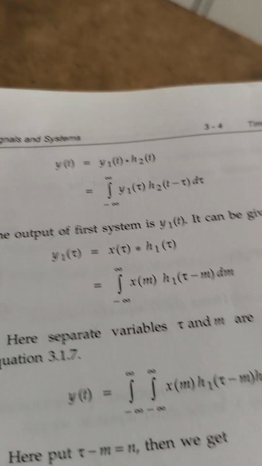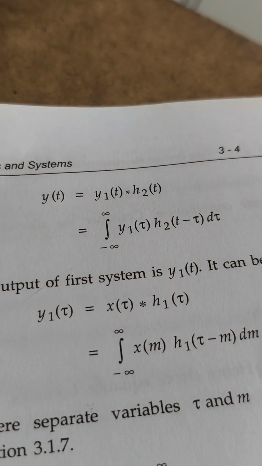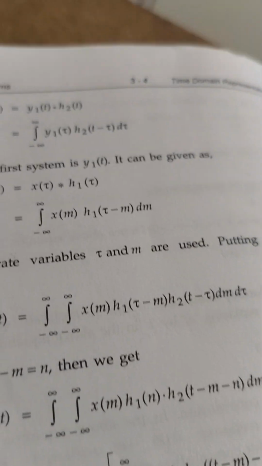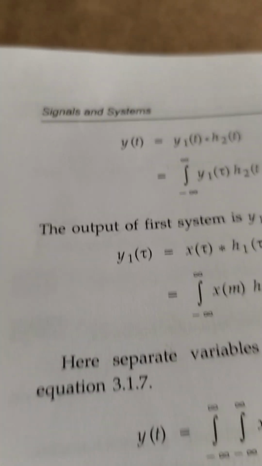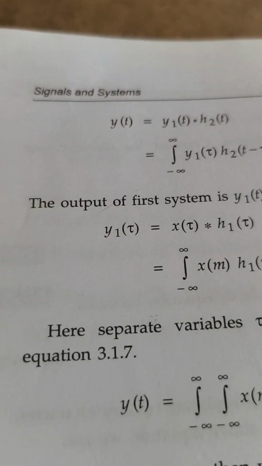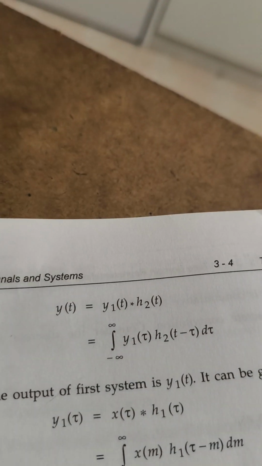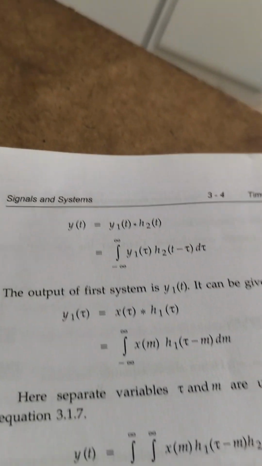Then what is the total? We substitute y1(t) into the equation for y of t. Since there is already an integration, substituting y1(t) gives a double integration.